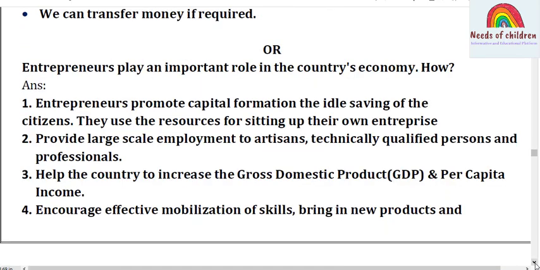Entrepreneurs play an important role in the country's economy. How? Students, this is the question. It is from business studies, the lesson entrepreneurship. Answer for this: entrepreneurs promote capital formation from the idle savings of the citizens.